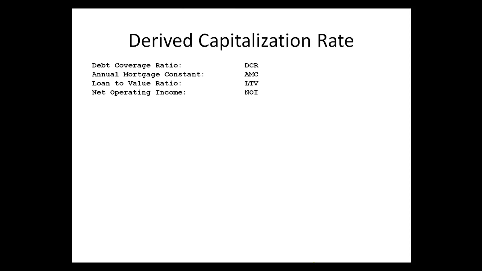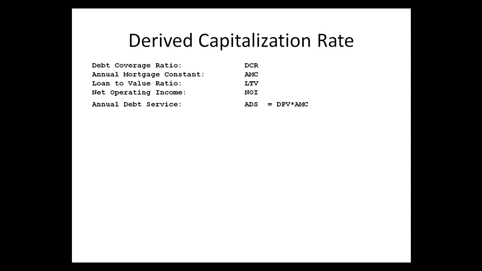Now let's derive the capitalization rate. We start with the debt coverage ratio, the annual mortgage constant, the loan-to-value ratio. These three values determine the capitalization rate and the cash-on-cash return, the return on equity. Net operating income, NOI.